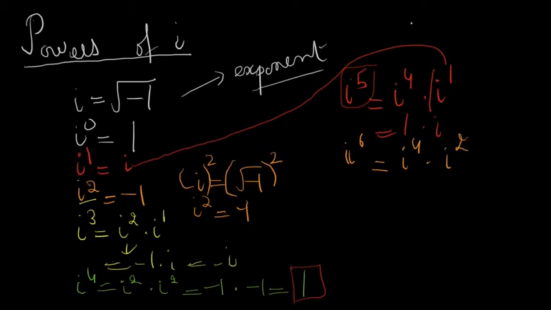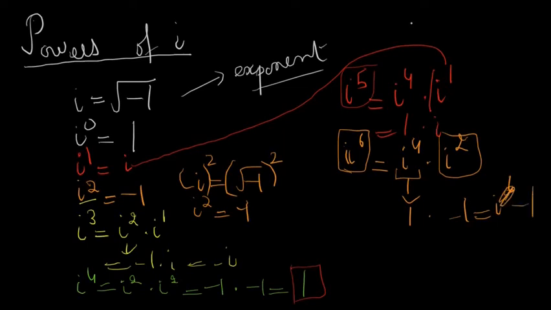And there's no question that i to the power 6 is going to be the same thing as i squared, because the i to the 4 will just disappear, as it's only a 1. So it's going to be 1 times i squared, which is -1. So i to the power 6 is -1.